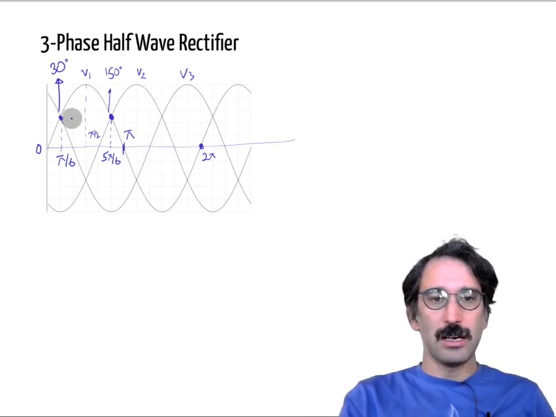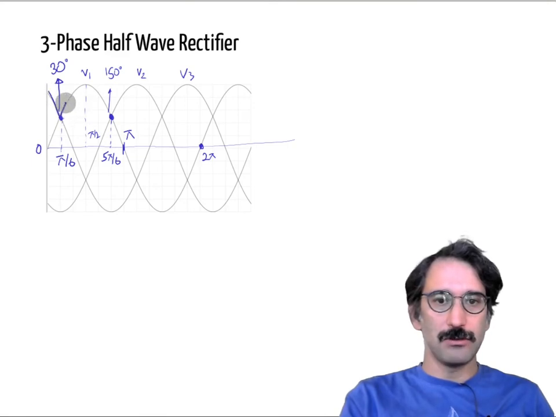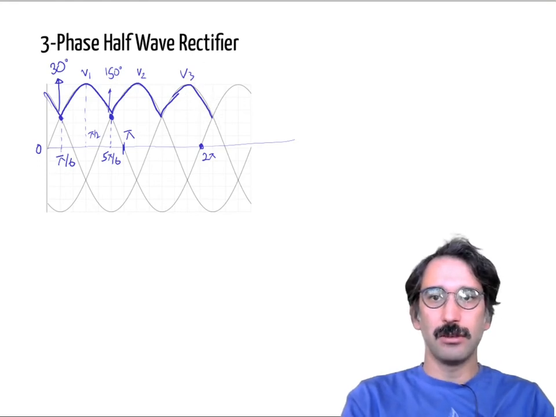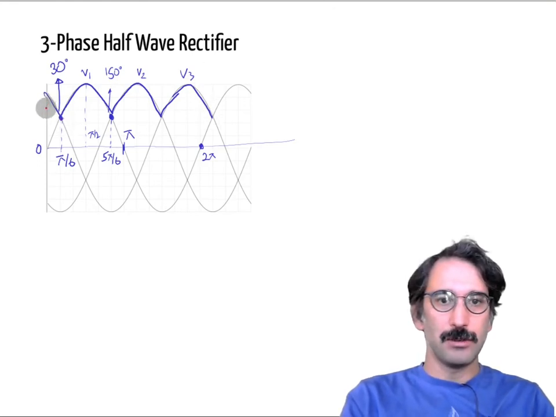Why is that important? Because if I want to calculate the average voltage, my output voltage waveform will be like that, right? Let me draw it again. So if I'm going to calculate the average voltage, I will calculate the area under that curve.